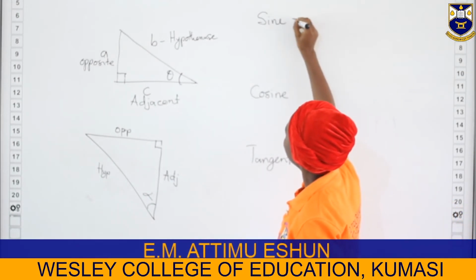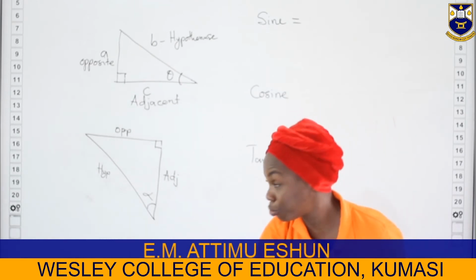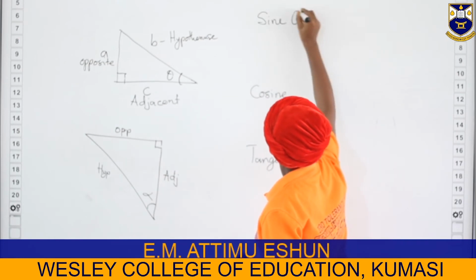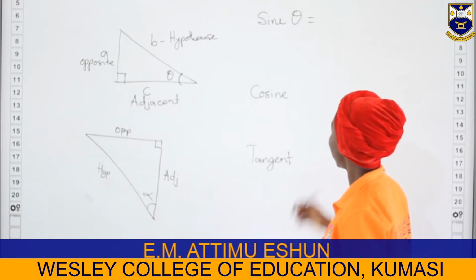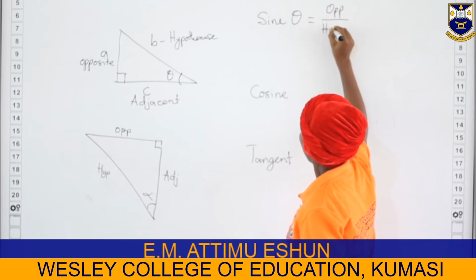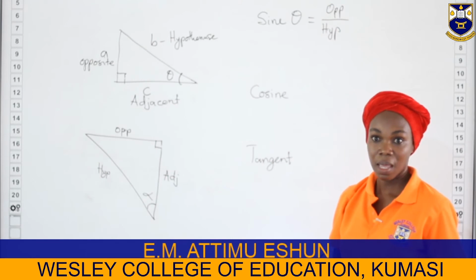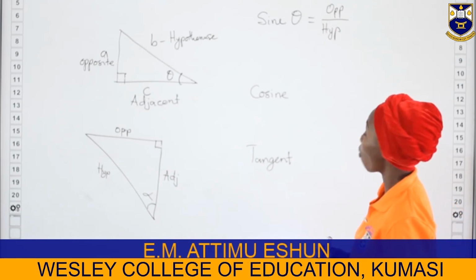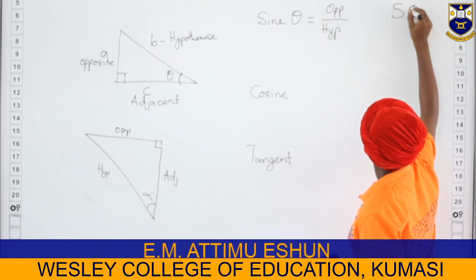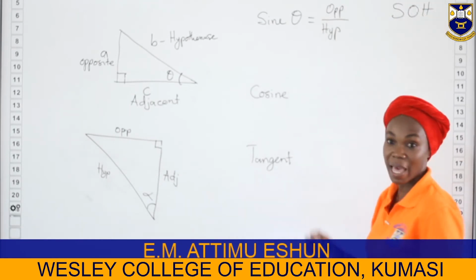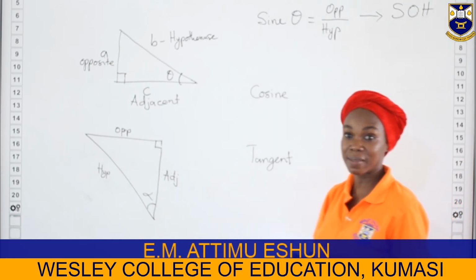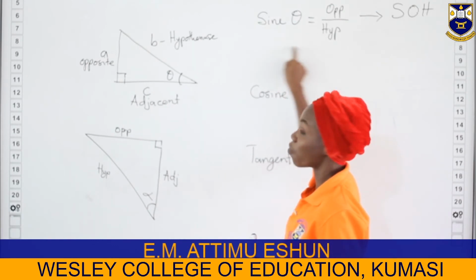So the ratio for sine, if we are making reference to our angle theta, is the opposite side divided by the hypotenuse side. And so, for easy remembrance, we would usually say sine has the ratio opposite divided by hypotenuse. And that is how we get the SO as the short form for the ratio sine.